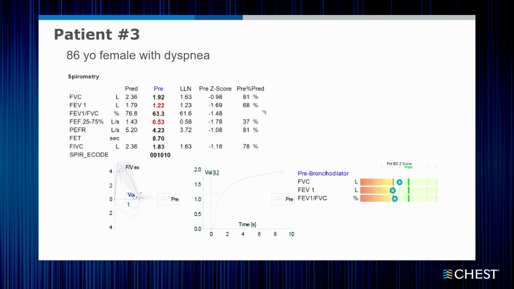So patient 3, an 86-year-old female with dyspnea. Looking at the flow volume curve and volume time curve, it didn't meet criteria for end of test using the old scoring system, but regardless, exhalation time is about 9 seconds. So you can see the FEV1 to FVC ratio, the lower limit of normal.